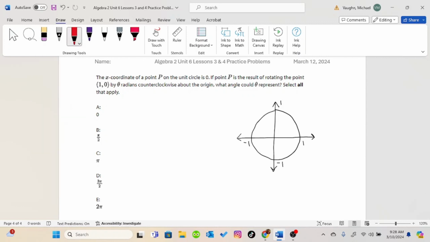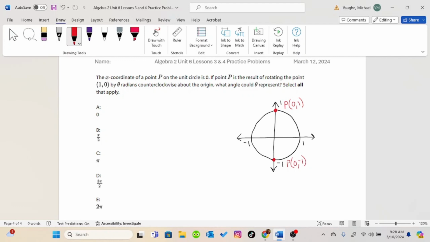Now, point P has an x-coordinate of 0. That means we're on the y-axis. So P could be at the top, where we have (0, 1), or P could be down here at the bottom, where we have (0, -1).